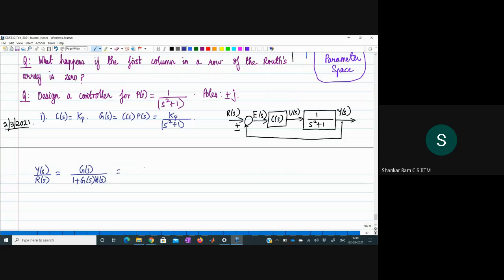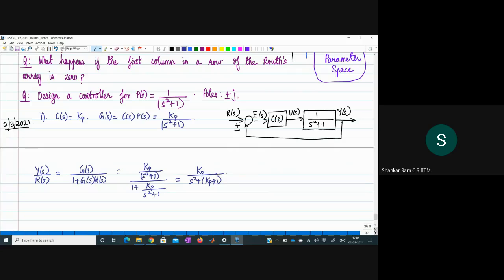So if we substitute for G of s, with H of s being 1, we'll get Kp divided by s squared plus 1, divided by 1 plus Kp by s squared plus 1. And so if we take the LCM in the denominator, we will get Kp divided by s squared plus Kp plus 1.